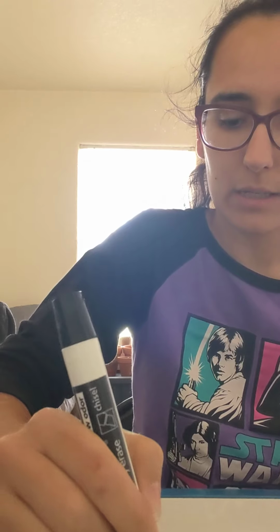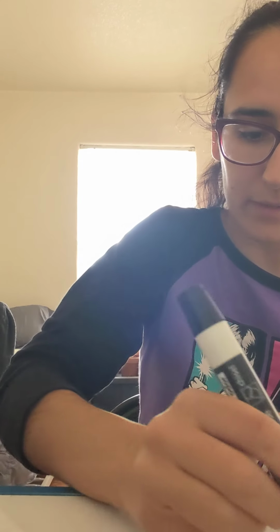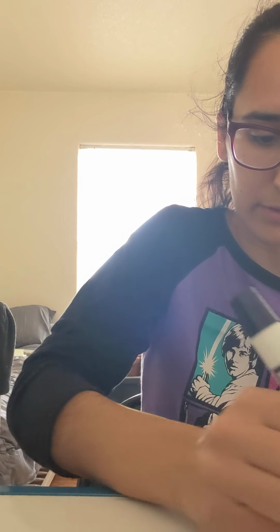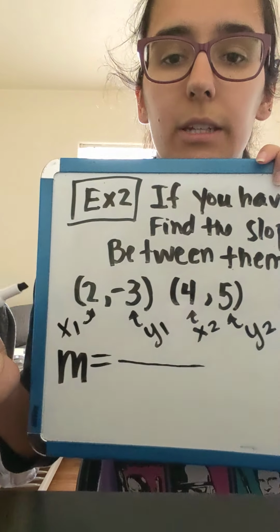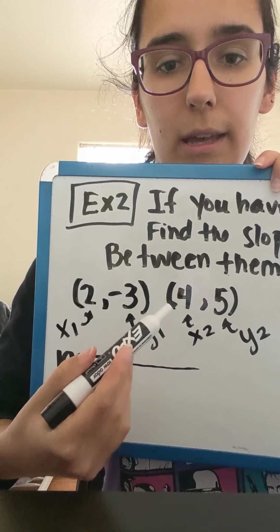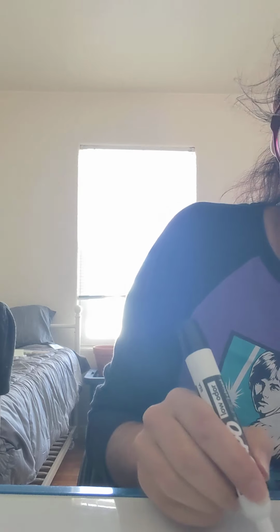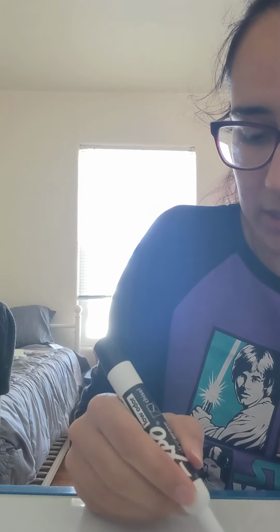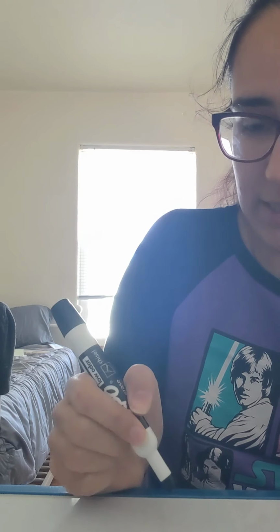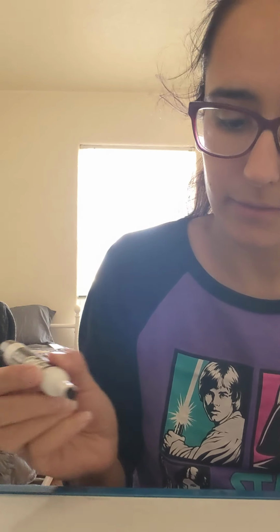So I'm going to label these values. Here's our x1, y1, x2, y2, and we're going to plug them in just like we need to. Our y2 goes first, so we have 5 subtract -3. Now there's a subtract and a negative side by side. Remember what that means. If it's a double negative, we get a positive.